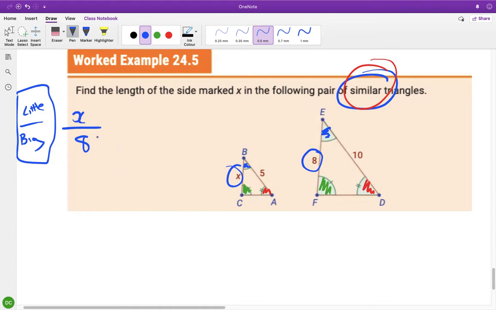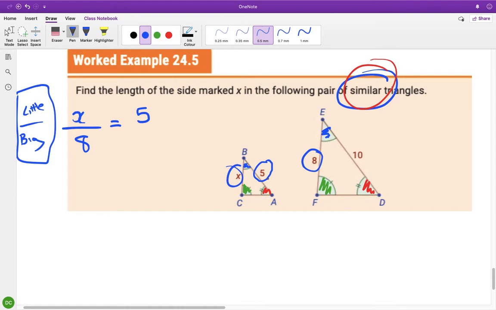Okay, so now I've created my first fraction, and that should be the same or proportional to any other fraction that I create, providing I keep the order the same. So I have another side in the little triangle, and remember little needs to be on top. So I put my 5 on top.